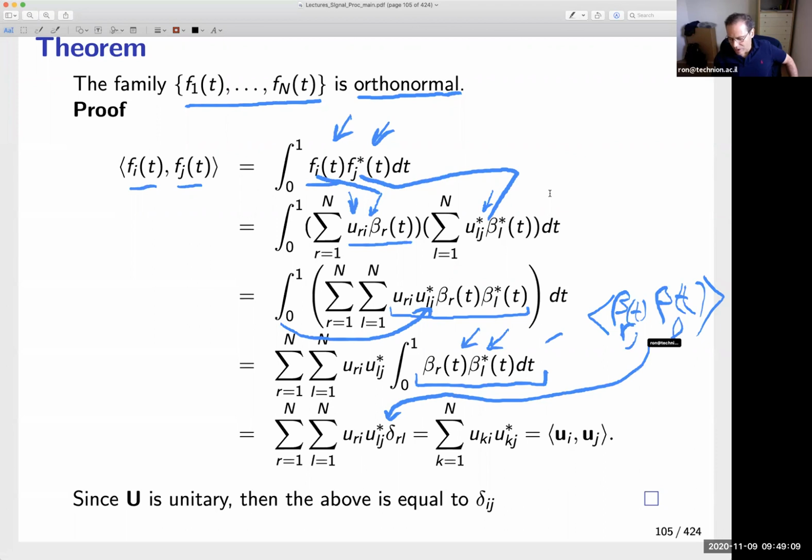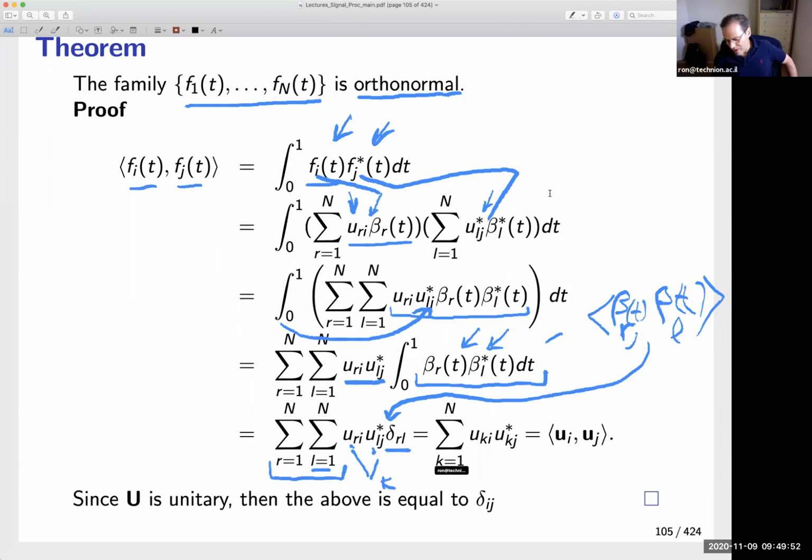Now, what do we do? What do we know about the rows or columns of the unitary matrix? You know that the unitary matrix has orthonormal rows and columns. Now, since we have the delta of R and L here, what we can do is replace this summation only for the set of indices for which L is equal to R. And if we do that and we call this new summation K, the L and the R are replaced by a new index, which we call K here.